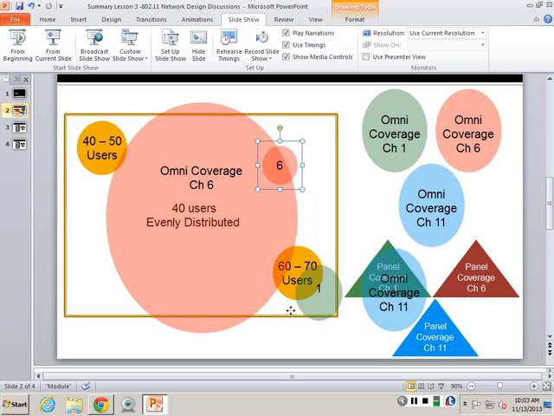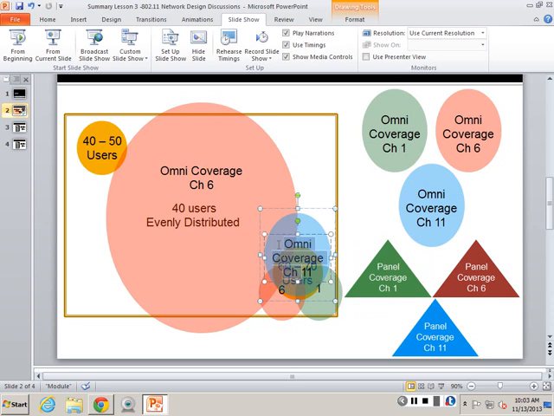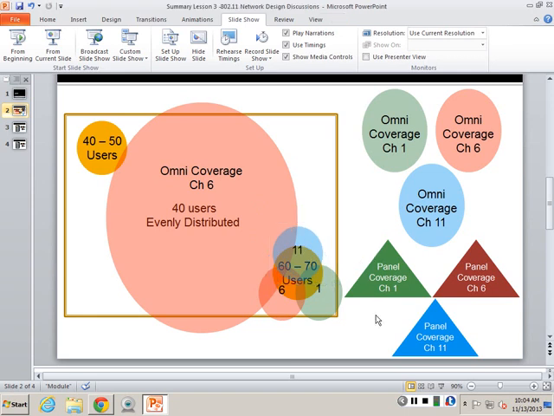Okay, so 6 right there? 6 was more like coming off the wall on the edge of the park. And then 11 covered the area that 1 and 6 couldn't cover going into the center AP. We did that to try to avoid the channel interference from the center AP. Okay, something along that line.